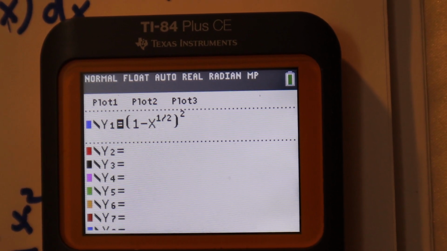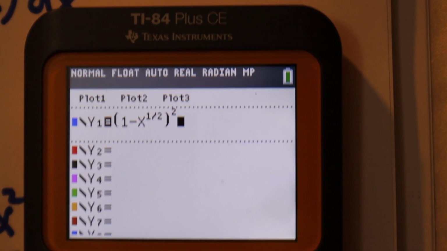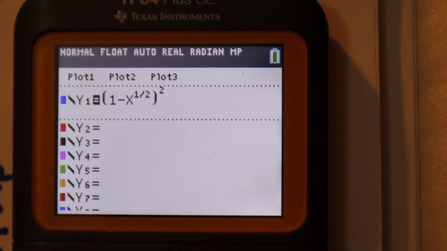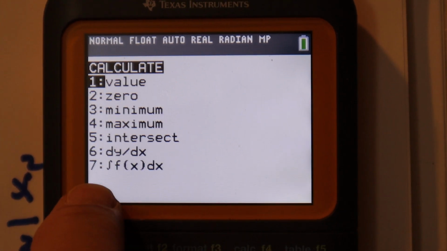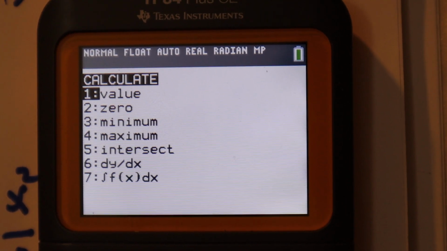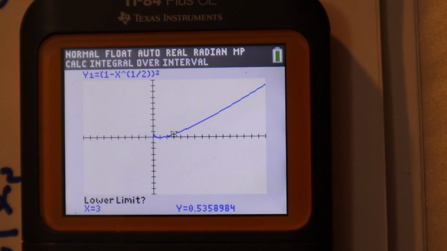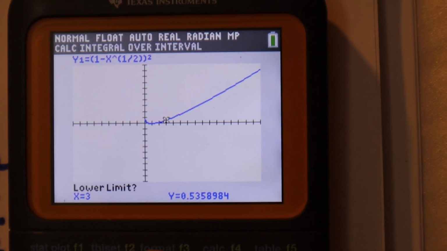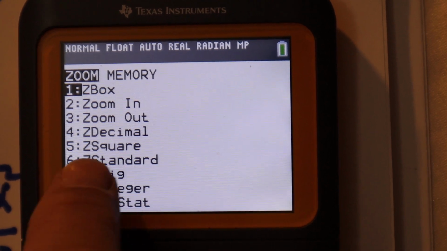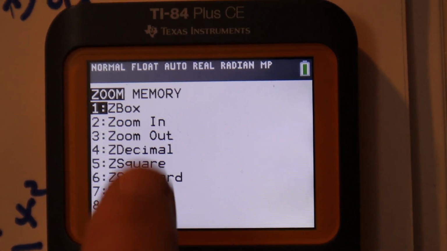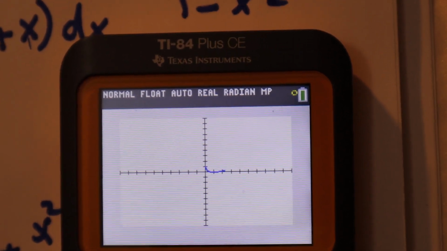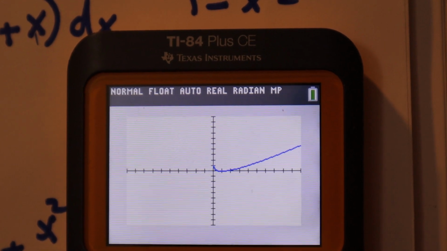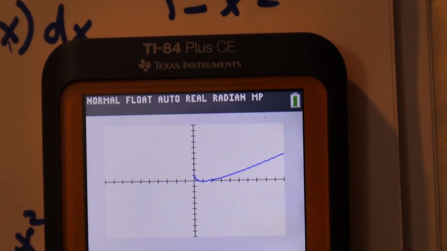Then when you graph, press second trace and scroll down to 7, or press 7, to find the integral. The function will be graphed. Make sure that we are in the standard window: press zoom and press 6 for standard. Then we graph the function, and we need to do from 0 to 1.